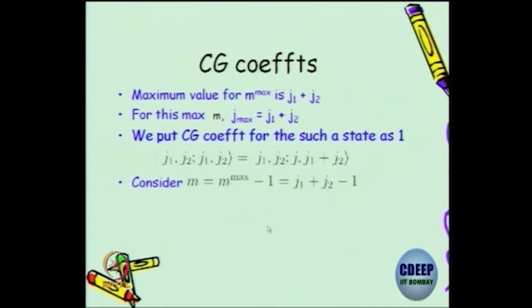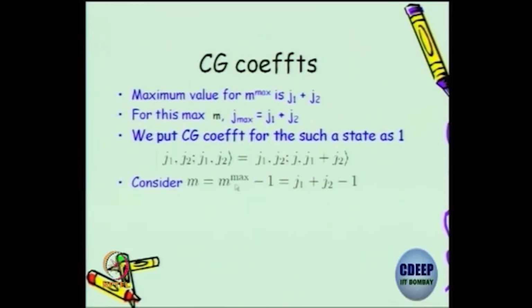How do you do that? You do that by the lowering operator, which is total J minus in the coupled basis, and in the uncoupled basis it is J1 minus plus J2 minus. If you do that, you can reduce your M maximum by 1 unit.